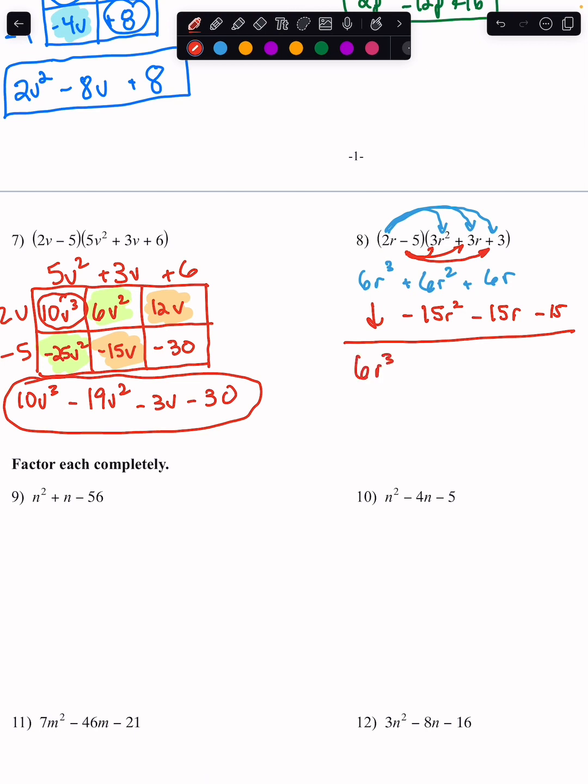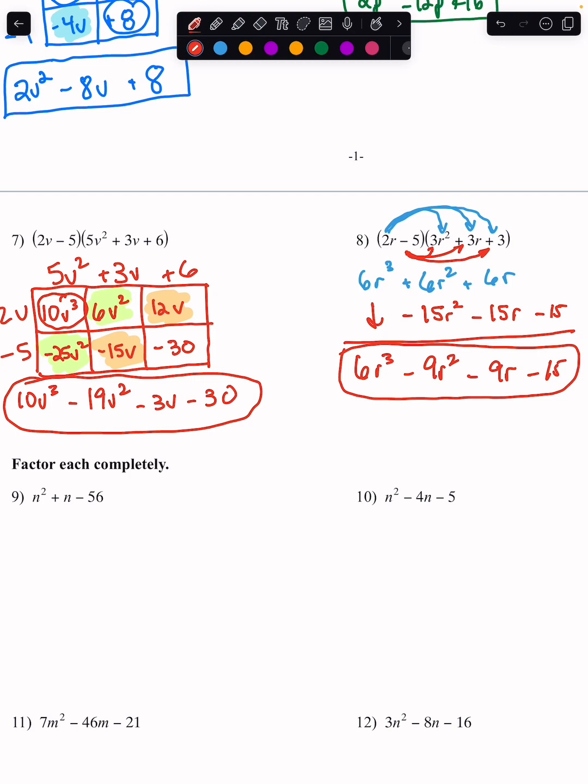Now you got 6r squared minus 15r. That's going to be about negative 9r squared. 6r minus 15r is going to be just negative 9r. And then I got minus 15 on the end. And that's the answer for that one.